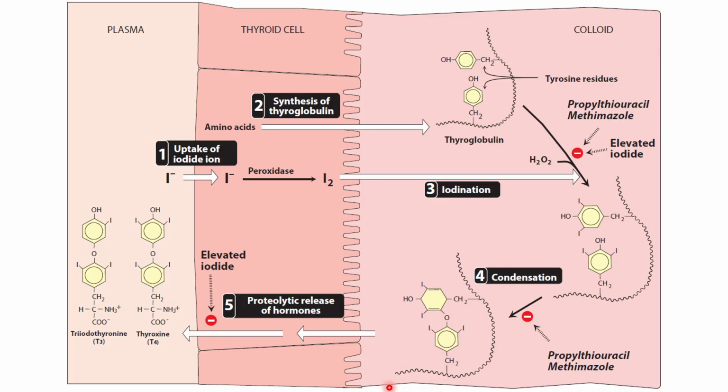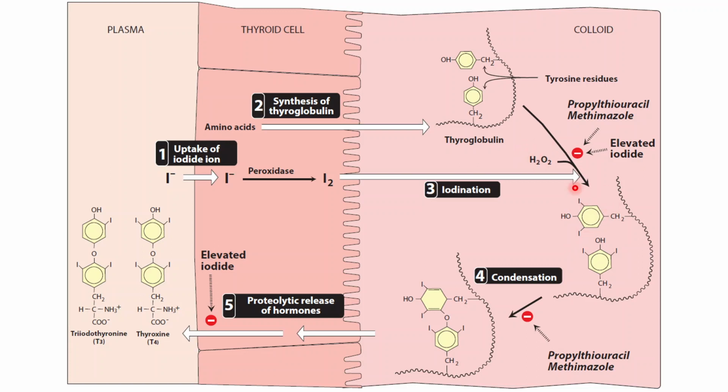And then there are also thyroid hormones that are synthesized in the thyroid gland. The thyroid cell takes up iodine from the blood, and then thyroid peroxidase makes iodine molecules from the iodine ions, and that will iodinate the tyrosine residues of thyroglobulin.